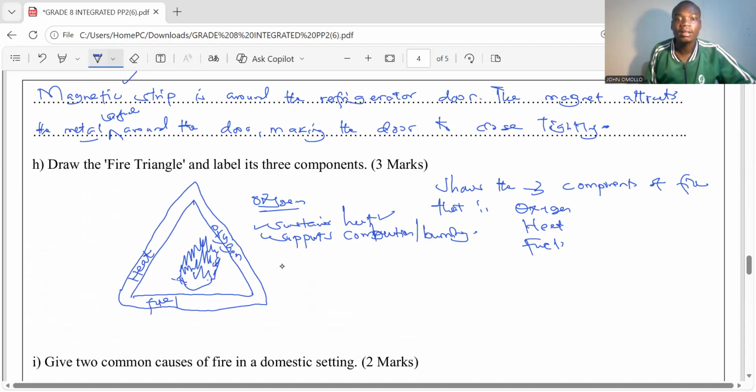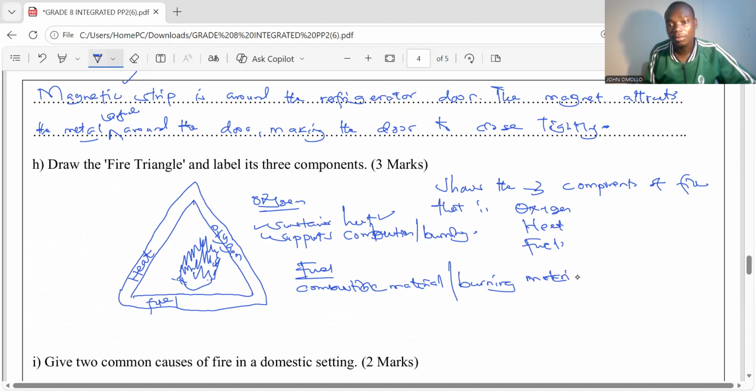Oxygen sustains heat and then supports burning fuel. This is now the combustible material, the material being burned, so the burning material. For those who may not know what combustible material is, this is the burning. So that is the fuel.